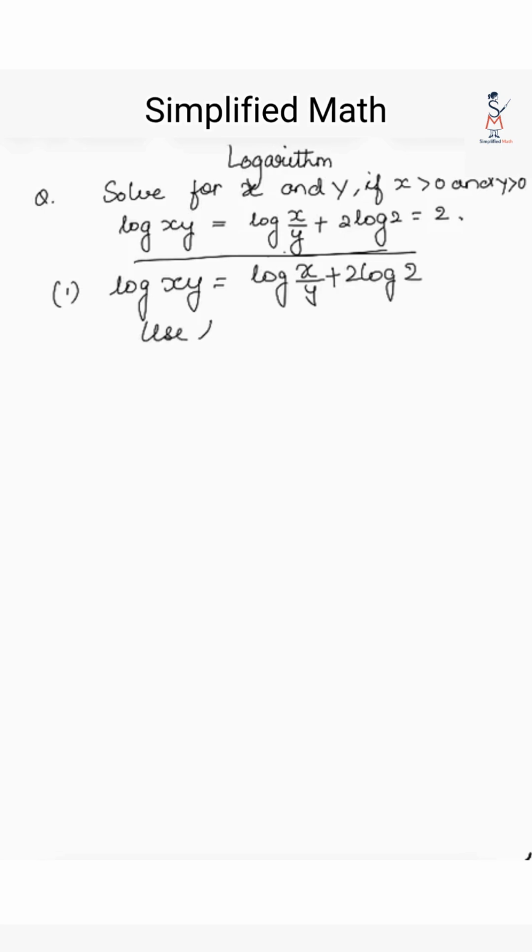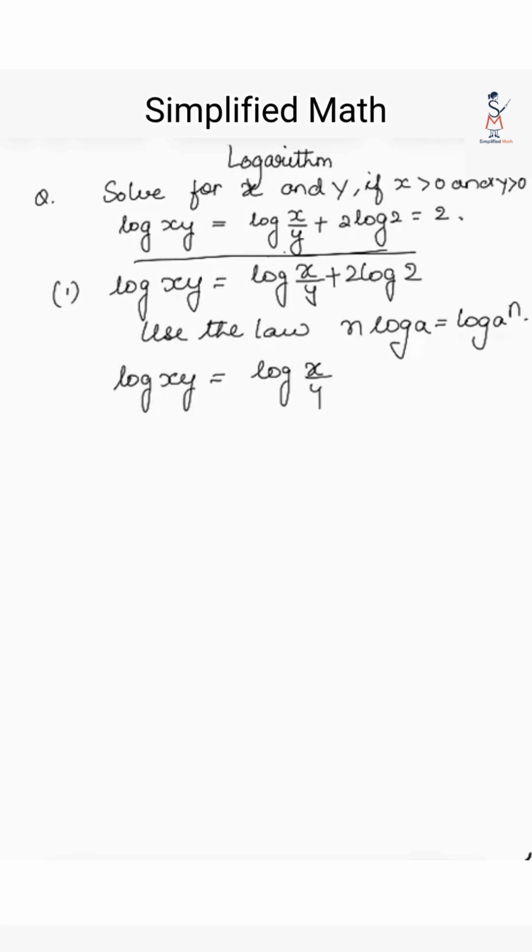You use the law over here, that is n log a is equal to log a raised to the power n. So log xy stays as it is, log x by y plus log 2 square. Fine.